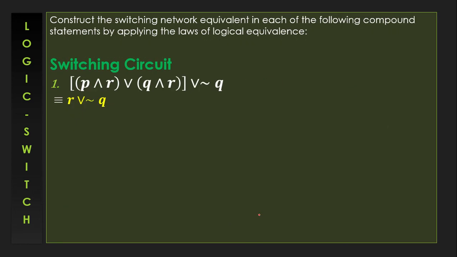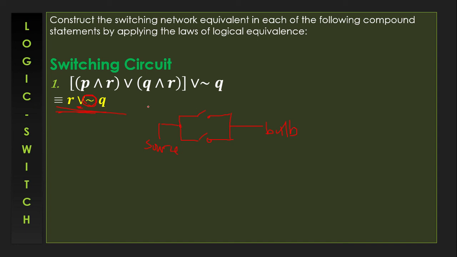Now, how do we create a switching network for this one? Now, the simplified statement is R or not Q. We don't have a symbol yet for not, so for now we'll just use not Q. Since this is a disjunction, it's a parallel circuit. Now we have two parallel switches, and we know this is connected to your source, and this is connected to your bulb.